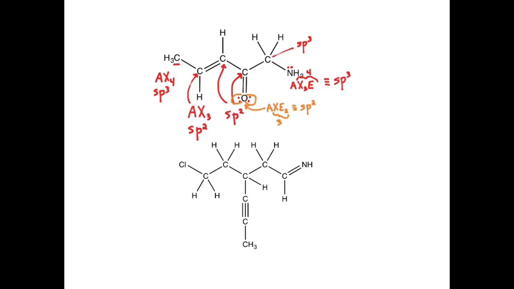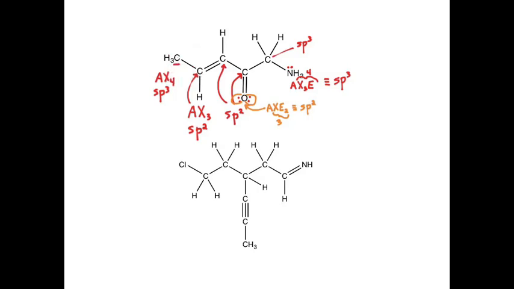Another thing I'd like to do is count our sigma bonds and go through our sigma bonds and our pi bonds. So if we look at our first atom, this first carbon, it has 4 bonds, so there's a sigma bond to these 3 hydrogens, 1, 2, 3, and 4.